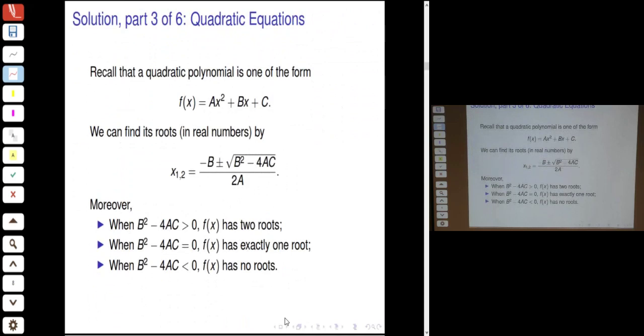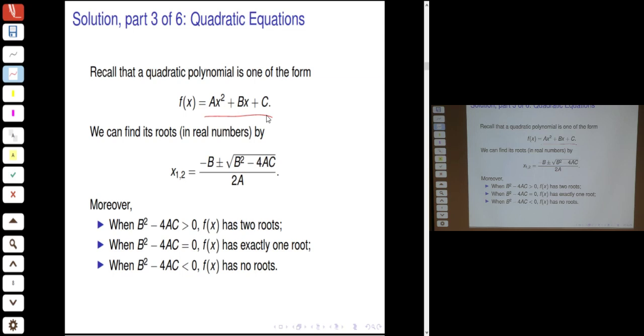So this will take us to quadratic equations, which some of you must have seen before. So what is a quadratic equation? For quadratic equations, we want to study quadratic functions or quadratic polynomials, which are functions of this form. If your argument is x, then your function f of x is ax squared plus bx plus c, where a, b, and c are some numbers.